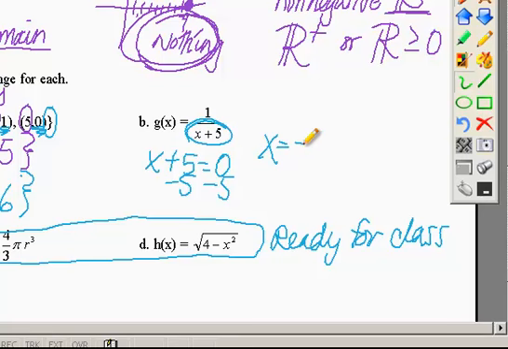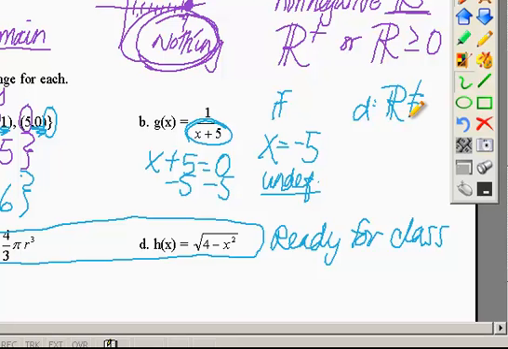This is saying that if x is negative 5, I get an undefined fraction. Therefore, my domain is all reals except, and we just say not equal to, negative 5. So all reals except wherever it would give me an undefined answer.